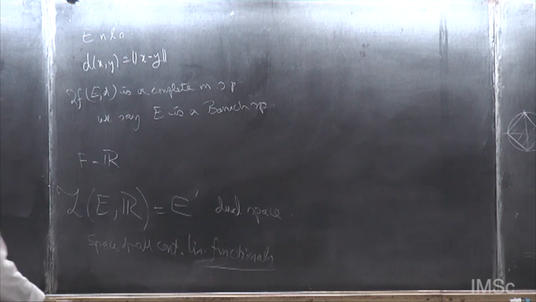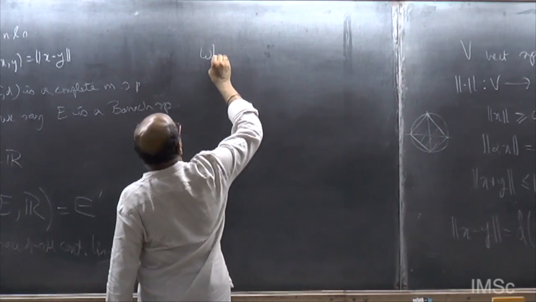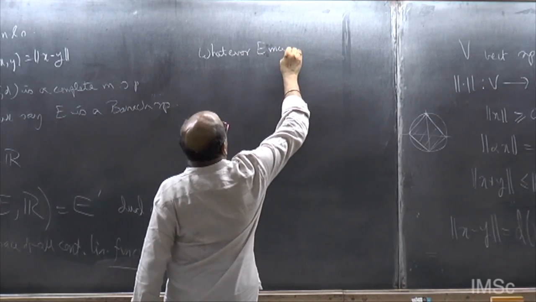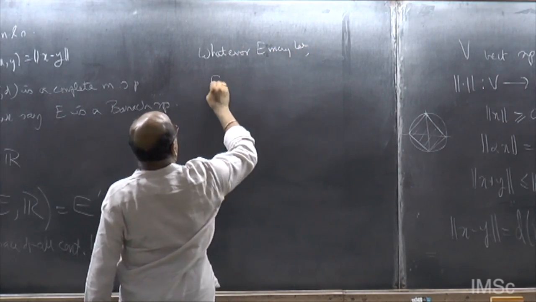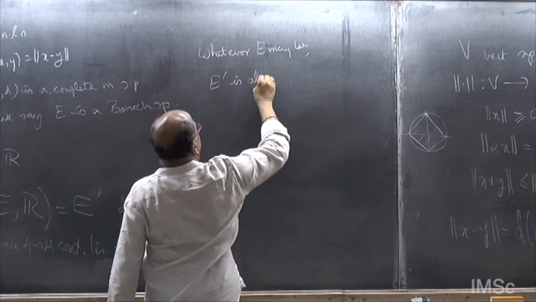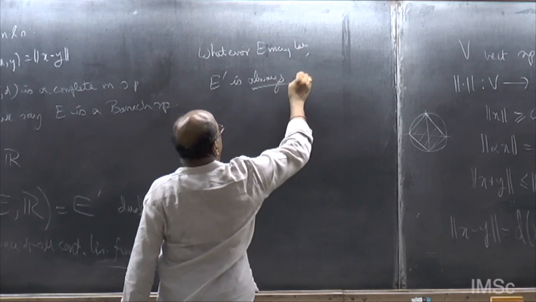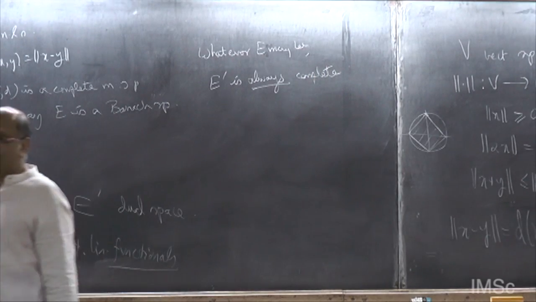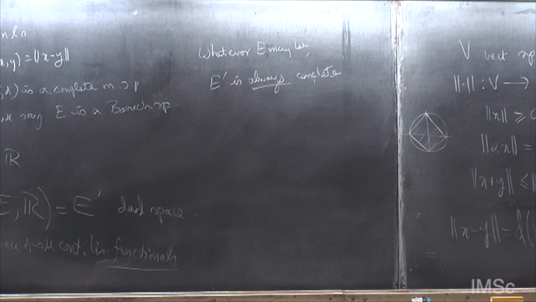Okay. So, whatever E may be, E dash is always complete. For E any normed linear space, E dash is always Banach. Okay?